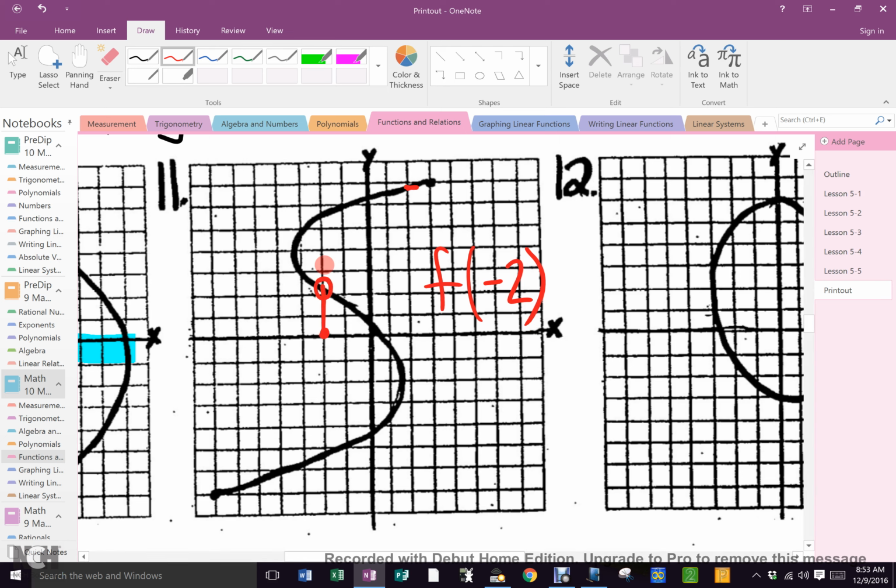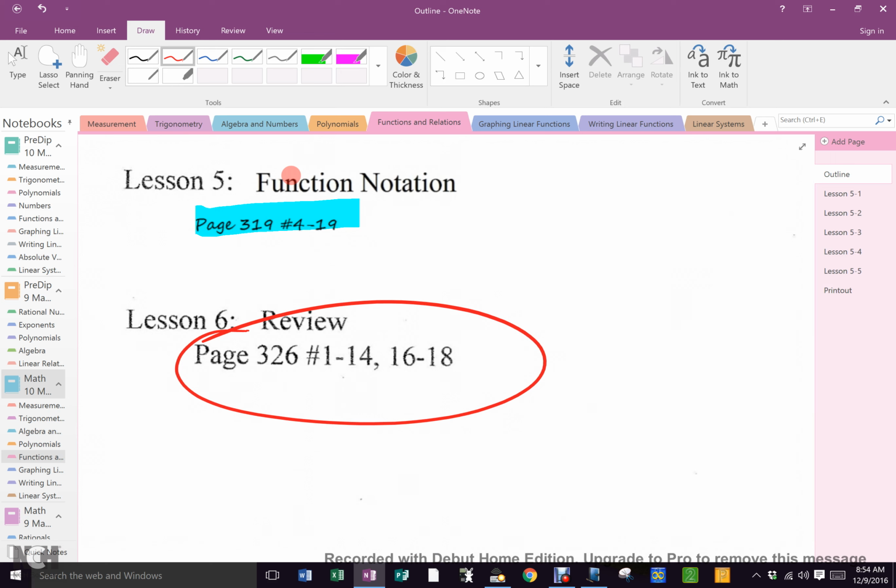But it's up to you guys. Or should I just shut up and let you try and see if you can do some of this stuff on your own? All right. Your outline. Page 326 and 319. We are obviously not going to be testing on Monday, but I would expect something by Tuesday.